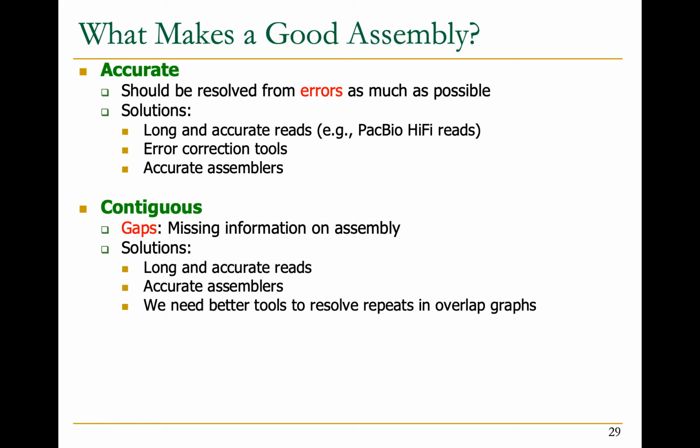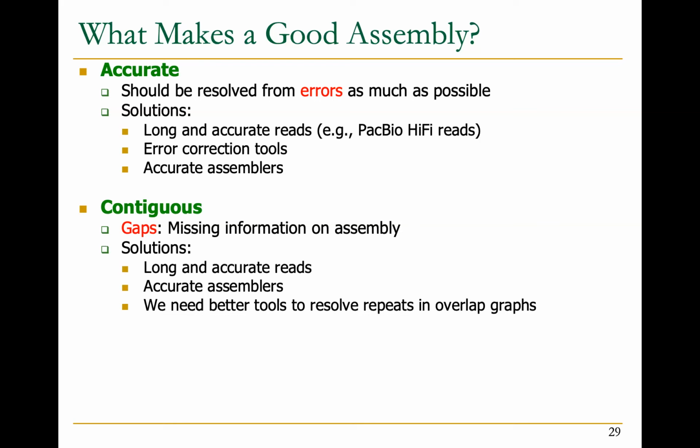And the assembly should be as contiguous as possible. There should be fewer gaps, even no gaps. It should be filled with full information and show you the information of your entire genome, because there are usually gaps, and those gaps are missing information on your genome. We don't want to miss out on such information.